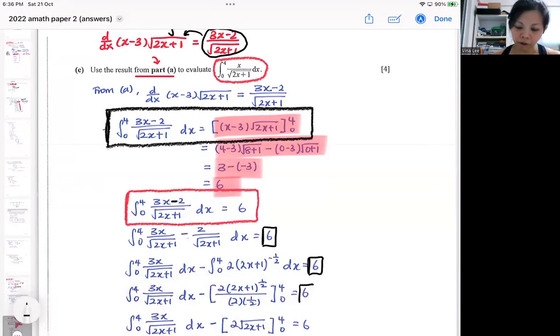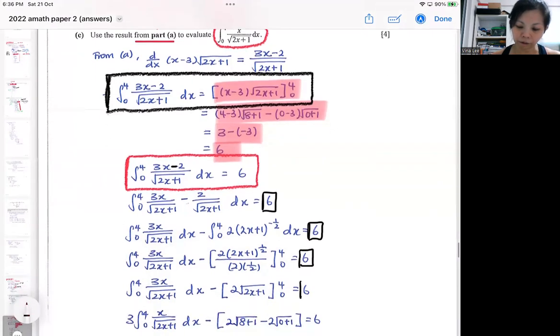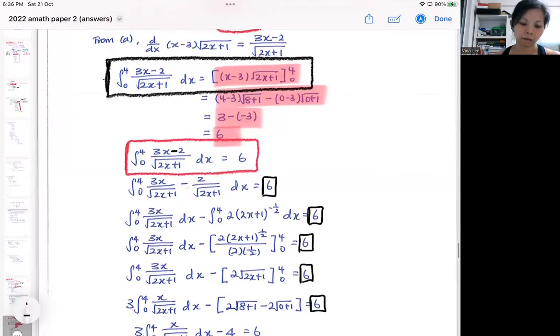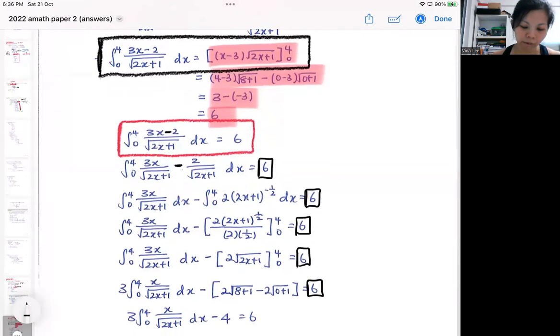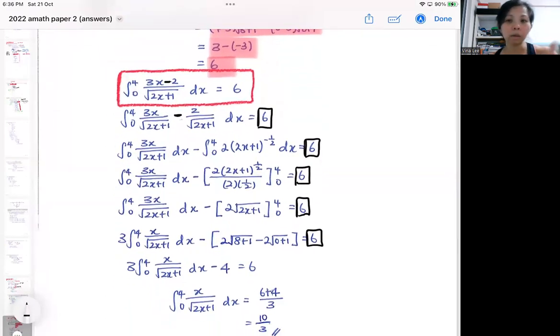I'm leaving the definite integral alone. The 6 is there already. And then I split into 2 separate integrals. I share same denominator first and then I split them into 2. No matter what, even if I split them into 2, it will still be equal to 6. So I'm just focusing on the left side. I split, so I have these 2 definite integrals to work with.